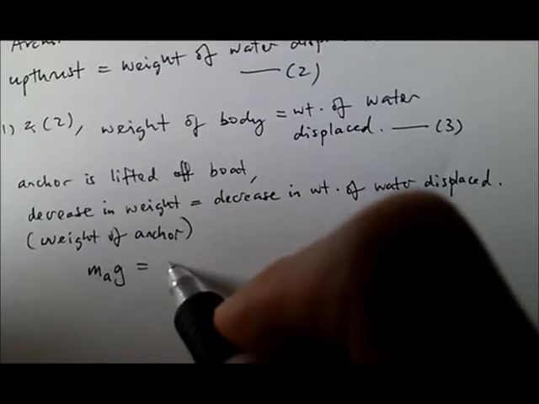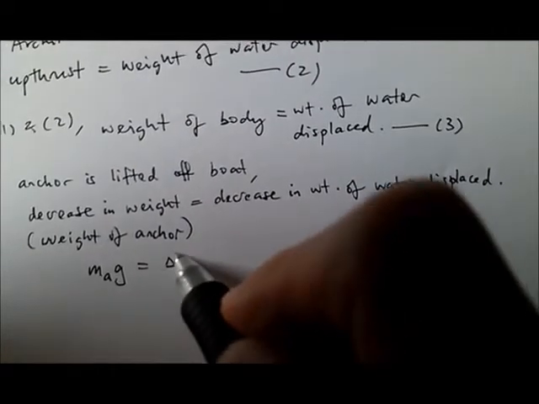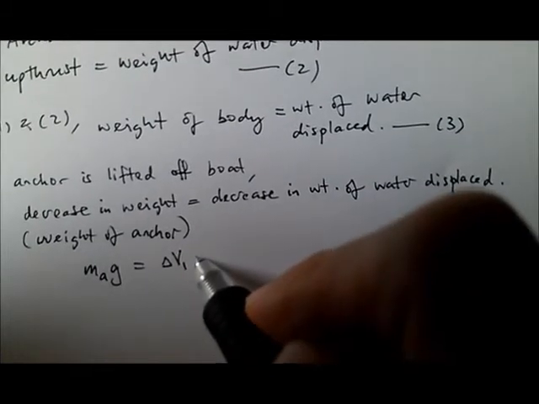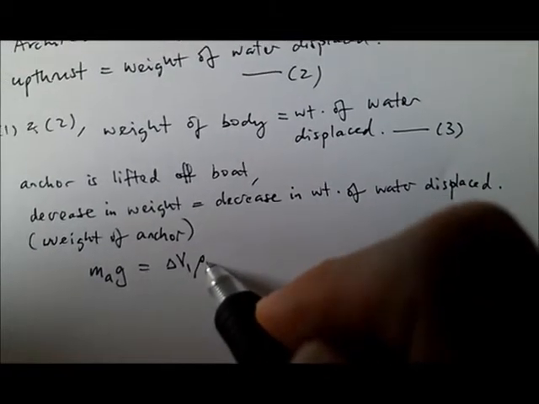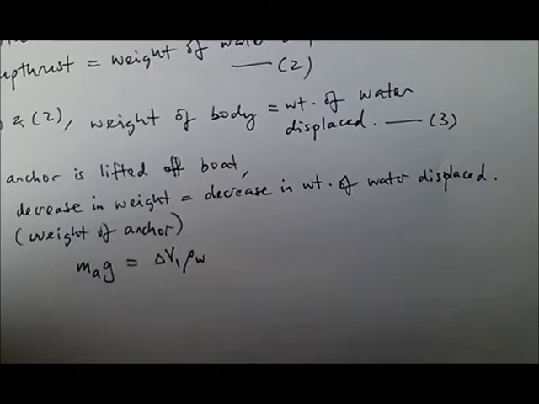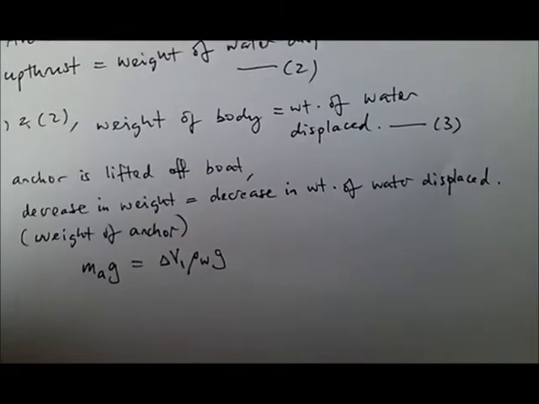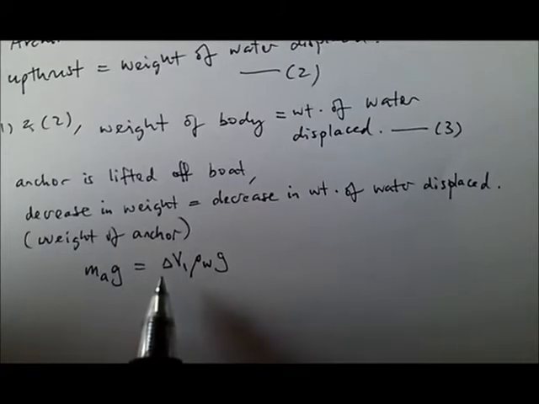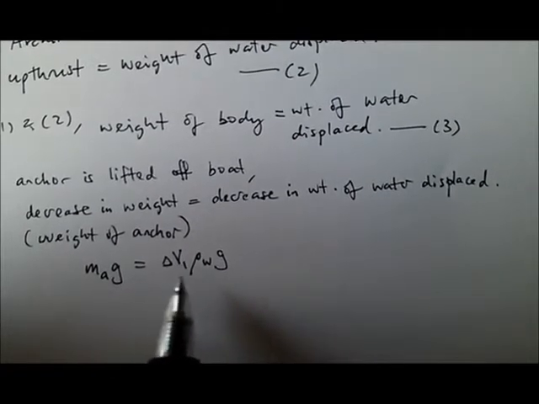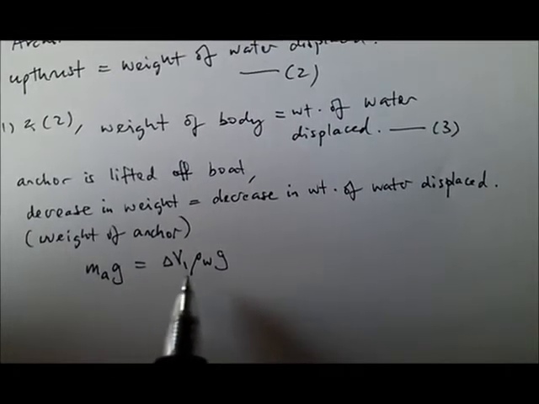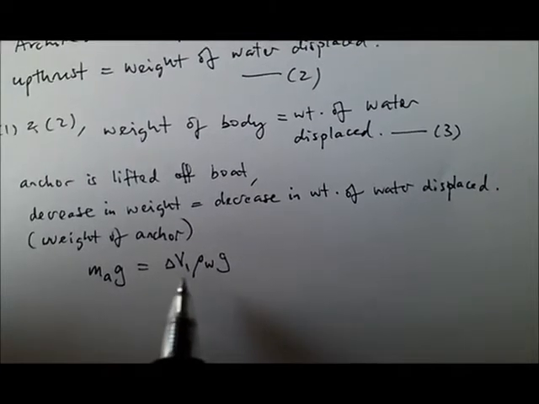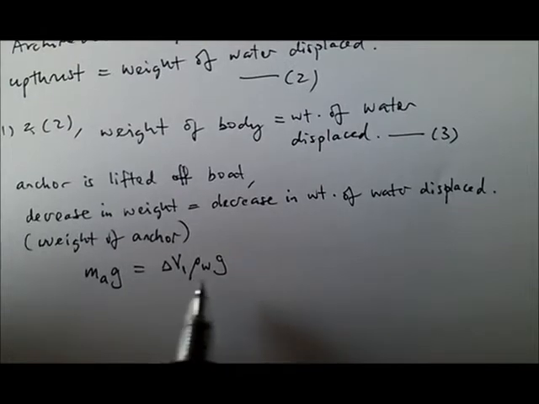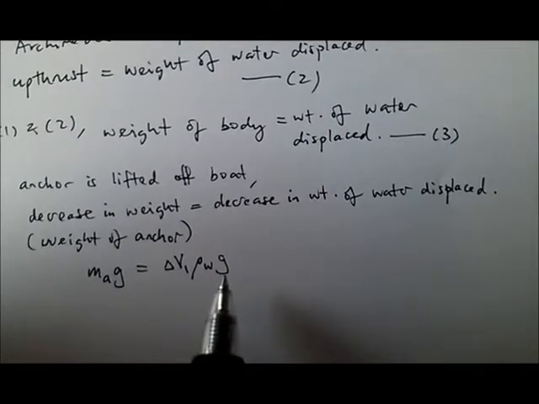You get the volume, delta V1, that is the decrease in volume, times the density of water times g. That gives you the decrease in the mass of water displaced times g.